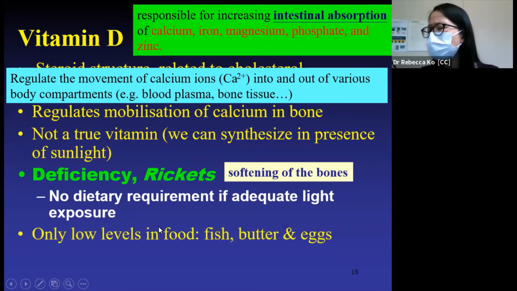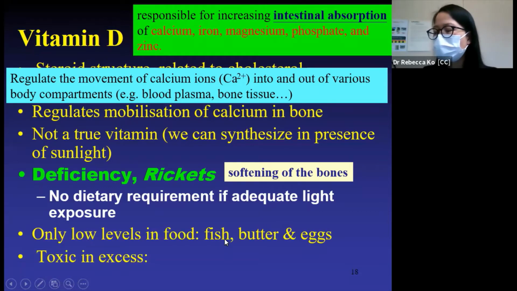Basically, we don't need to get it from the food because we can synthesize it. Some examples of food that give vitamin D are fish, butter, and egg yolk.